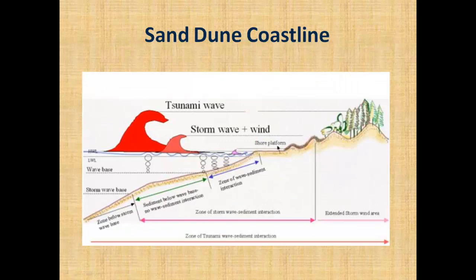Sand dune coastlines. They're unconsolidated material: sand, some gravel, shells. It's considered a soft coastline, and it has a gentle seaward slope that's broad, made of fine sand, and then it steepens as it goes back shore.